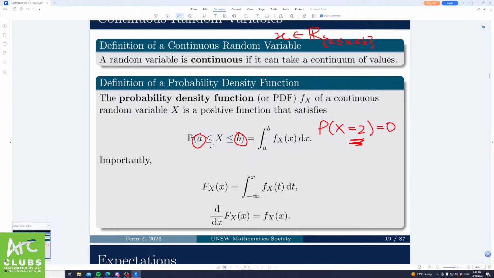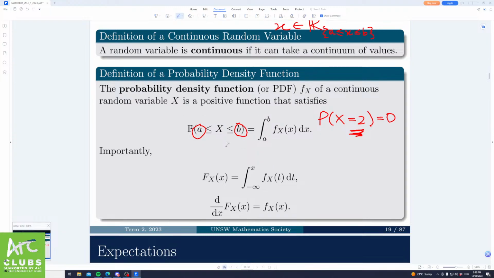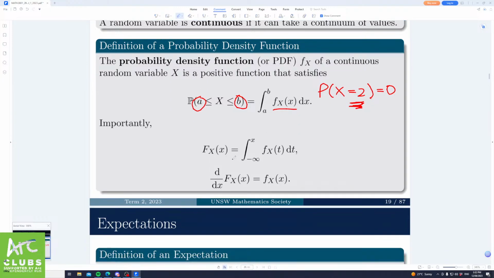And hence, we have a formula for this. The probability that your random variable lies between a and b is just the integral of the PDF between a and b. And with the CDF, capital F of x is going to be the integral from negative infinity to x, because negative infinity to x will cover all the values less than or equal to x on the number line. Again, we're just integrating the PDF.